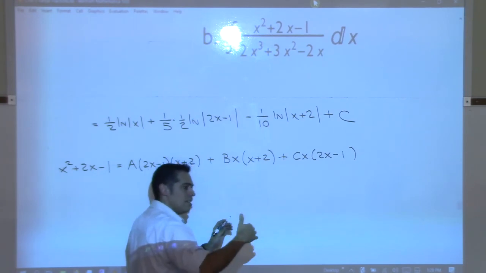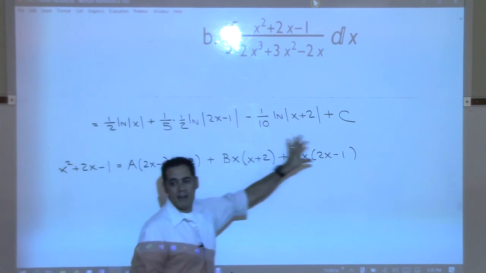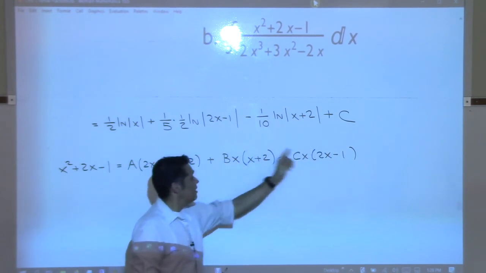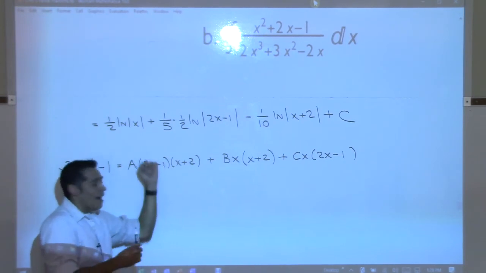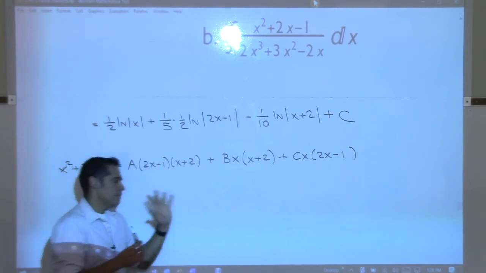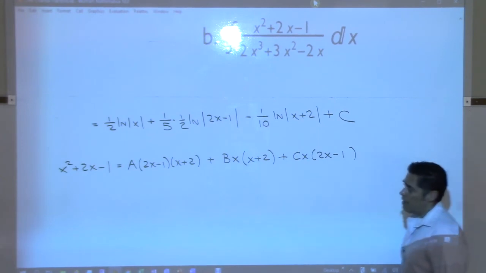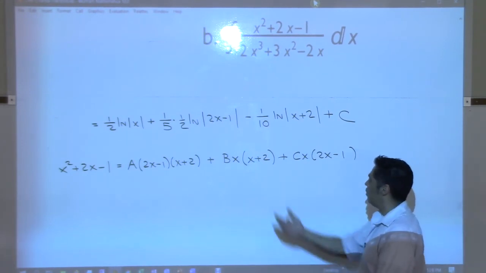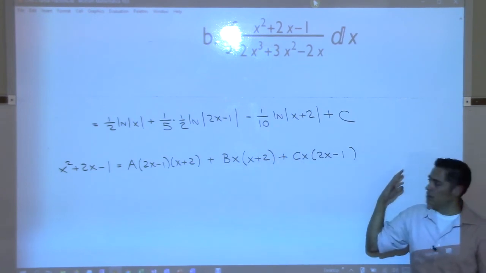You'll see in an example later that there are times where you cannot kill these off, or if you do, you wind up killing off the a too, so there's no way to isolate the a by itself. In that event, we have to do the long way. So here it is. We're just going to multiply all this out and expand everything we see here.